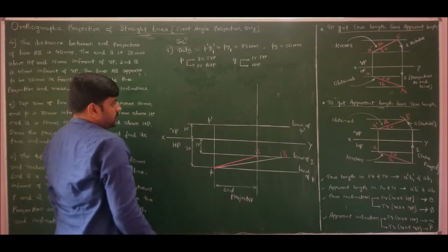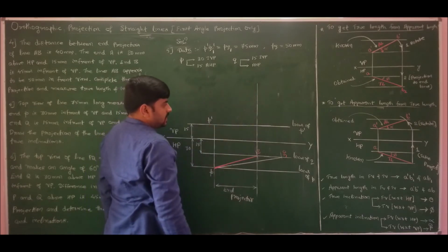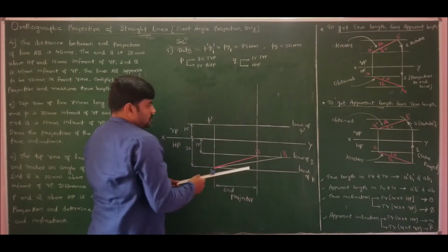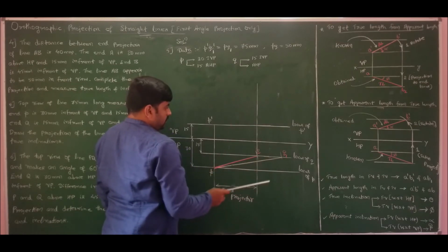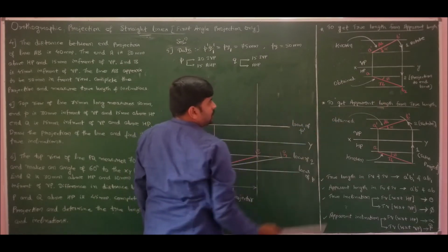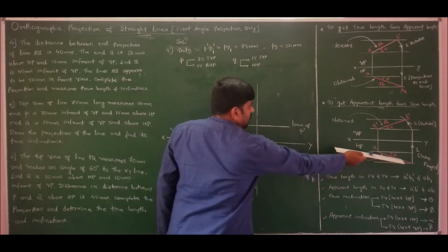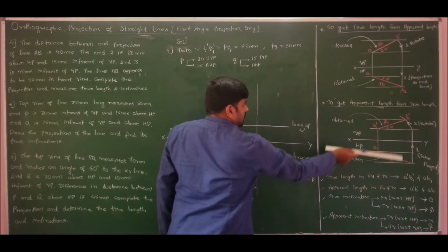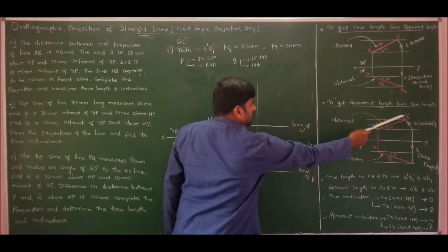Now we know that Q dash should lie on this end projector, and also we know the procedure to obtain apparent length by using true length. To get apparent length from true length, what should we do? First, we should drop a perpendicular to the initial extremity of the line and then we should rotate it.